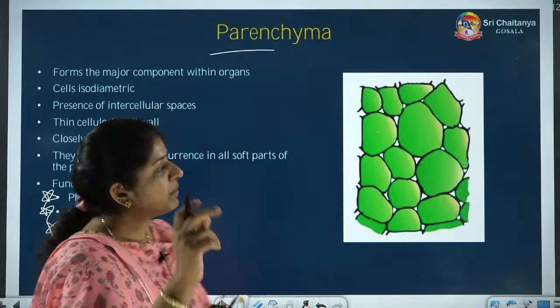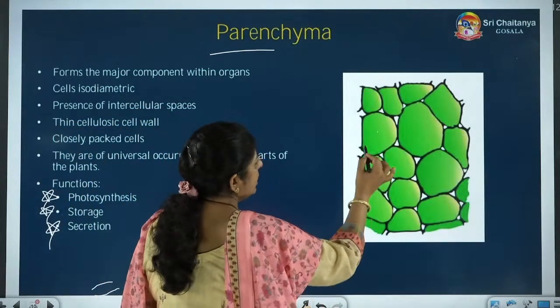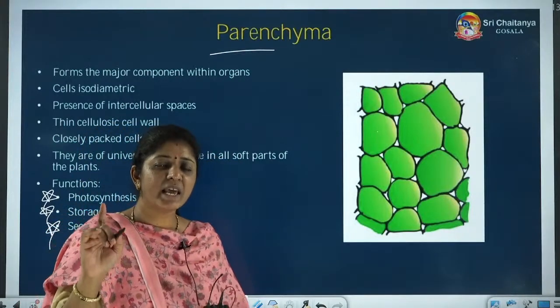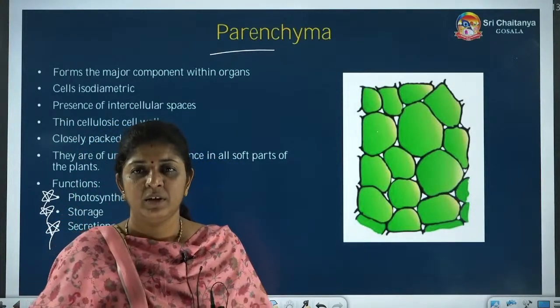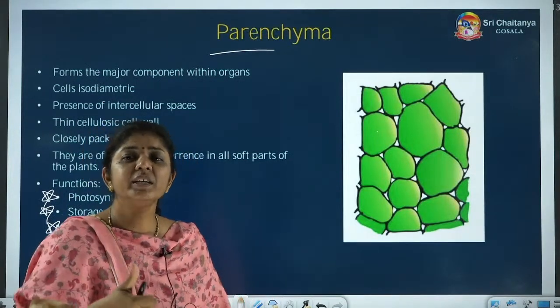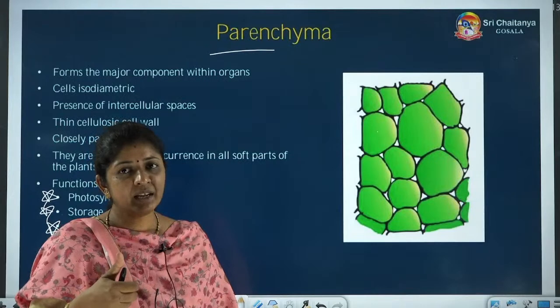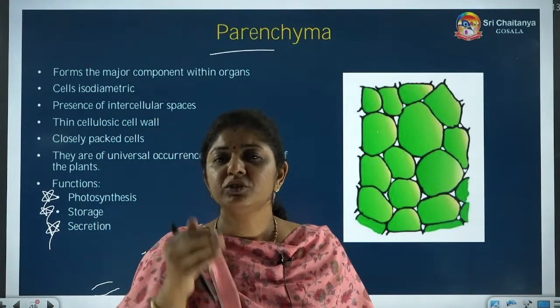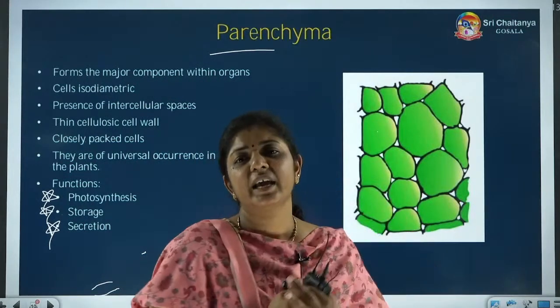So parenchyma, let's see now, their wall is very thin. You know that a plant cell has a cell wall, right? That cell wall here will be thin, and it is made up of cellulose. Fine. Let me give you one trick to learn the features of this, then I will come to this diagram again.